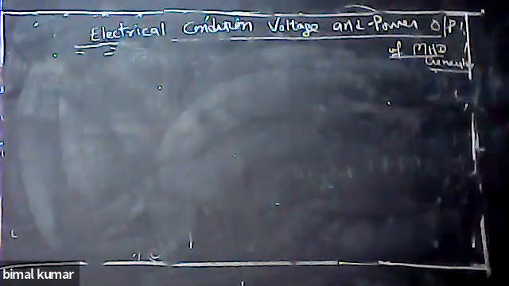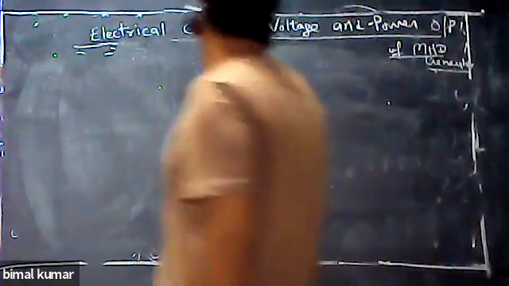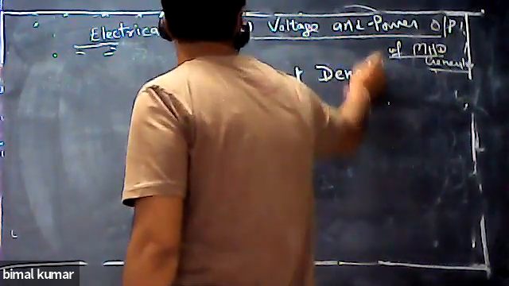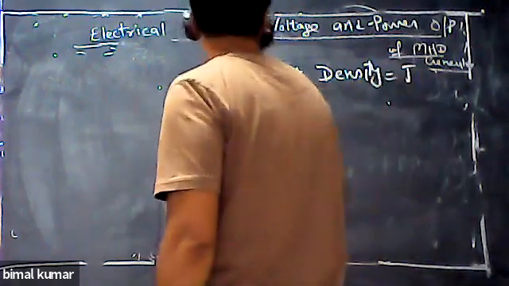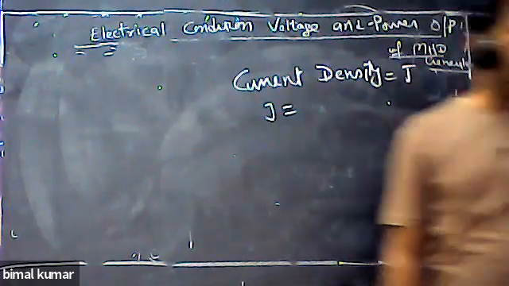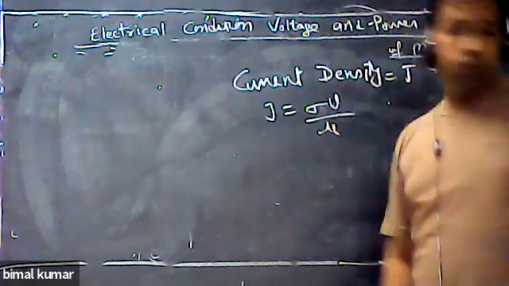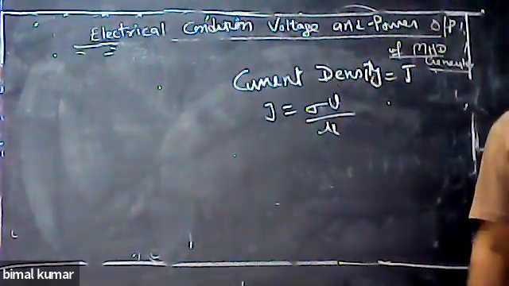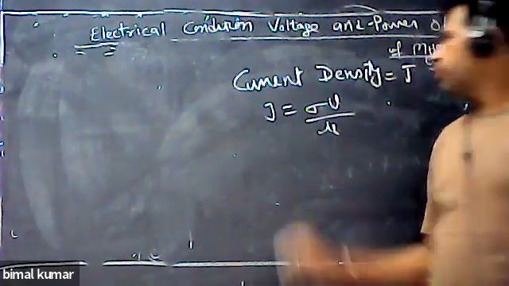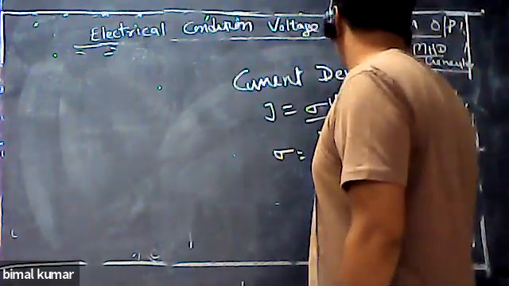Then after that, the current density is denoted by J. So J, current density, is equal to sigma V upon mu, where sigma is the gas conductivity.